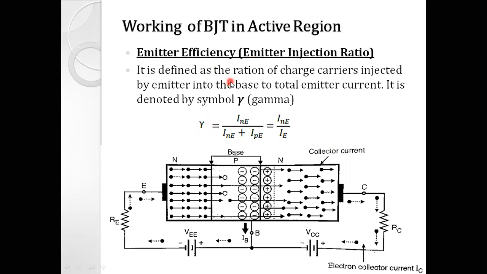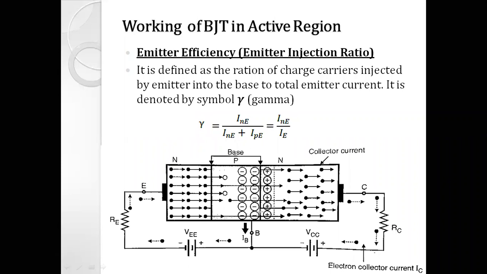It is defined as the ratio of charge carriers injected by the emitter into the base to the total emitter current. Total emitter current means the emitter current which is made up of both types of carriers, minority carrier as well as majority carrier.